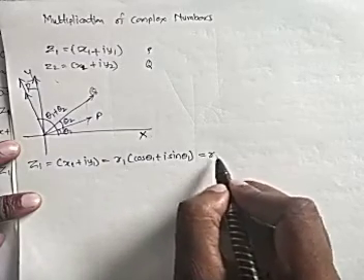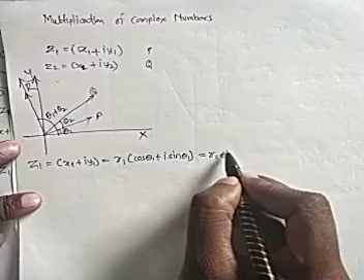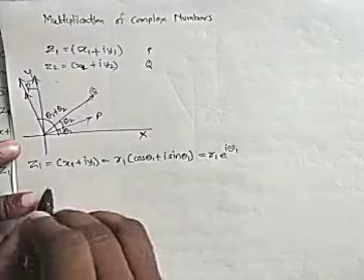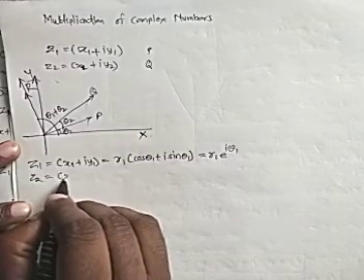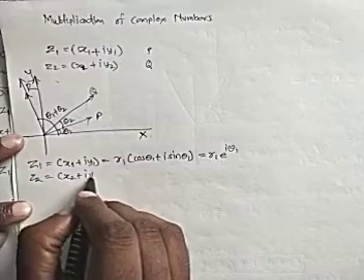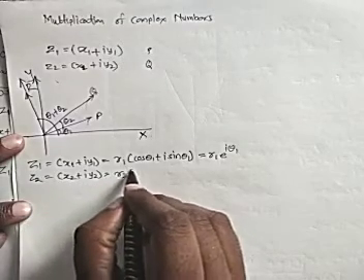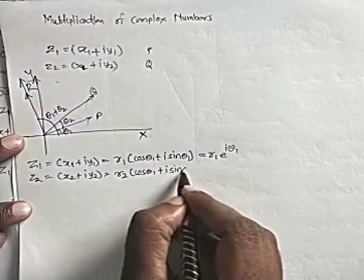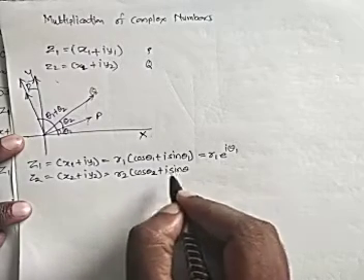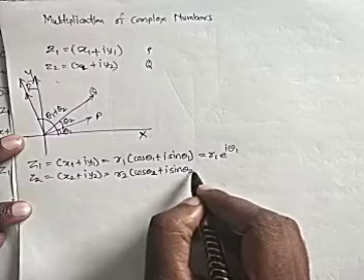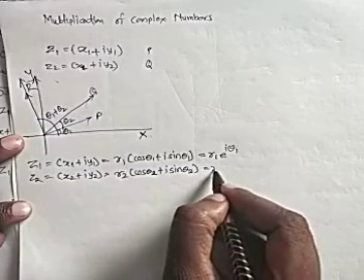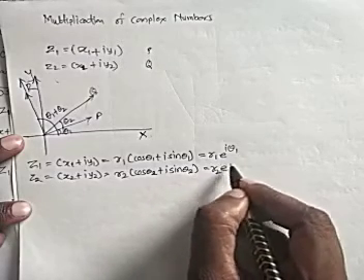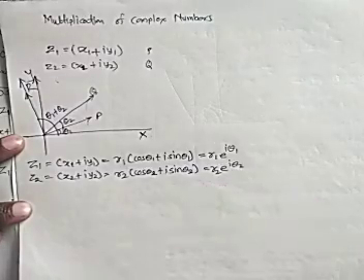This is also written as R1 times e raised to I theta 1. And Z2 is equal to x2 plus I times y2, which is R2 times cos of theta 2 plus I times sin of theta 2, which equals R2 times e raised to I theta 2.